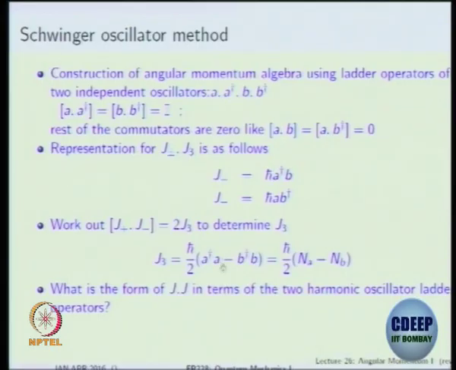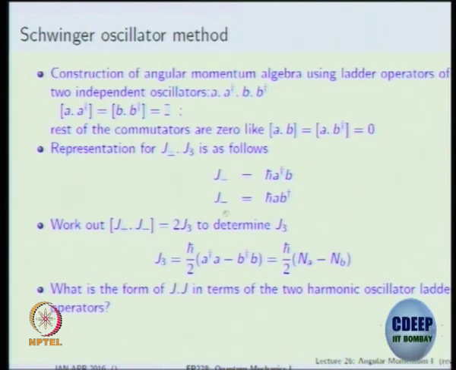So J3, if you work it out, will be the difference between the number operator for the harmonic oscillator given by A, which I call N subscript A, minus the number operator corresponding to the B harmonic oscillator given by the operators B and B dagger. Please verify this.